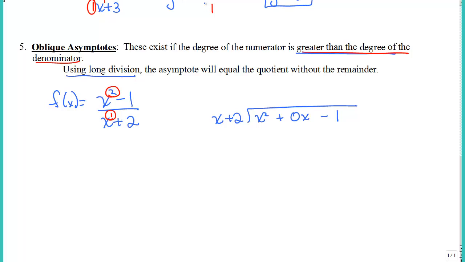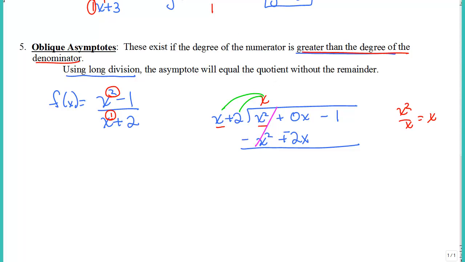How do you do long division? You look at those first two and divide them and say, that goes in there x times, and then we multiply those. We put it right underneath here. Then we subtract, so we're going to draw our line, change our signs.